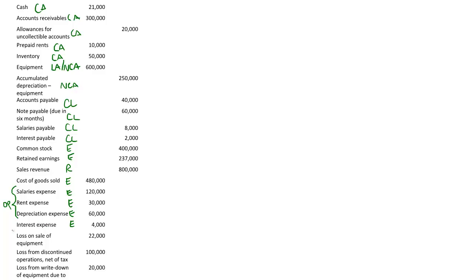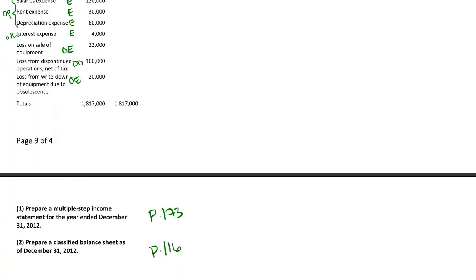The interest expense would count as an other expense. Loss on the sale of equipment will be an operating expense. Loss on discontinued, that'll be a separately reported item, so discontinued operation. And loss on write-down of equipment due to obsolescence will be an operating expense. So you can use those to classify different accounts.